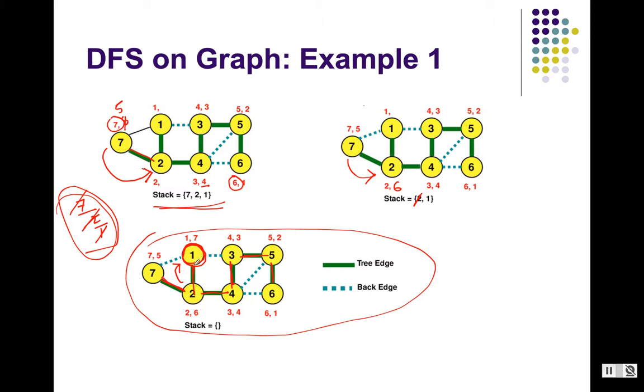This forms a DFS tree. All other edges that were not used to traverse the graph, that are not part of the tree edges, are known as back edges.